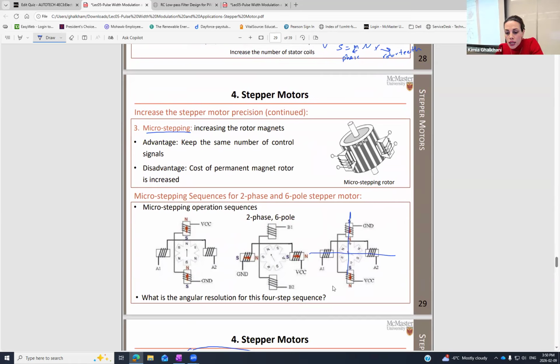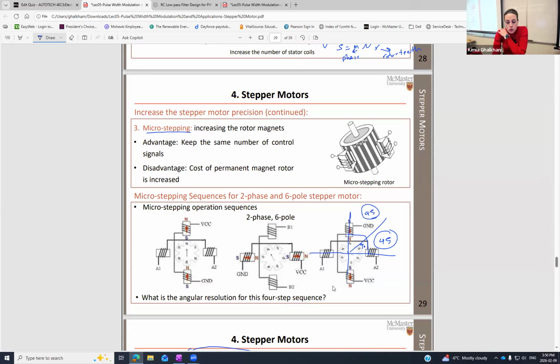If this is a full step from here to here, and you divide it by 2, this one is 45, this one is 45. Then instead of receiving 1 result for a 90, you receive it every 45 degrees. That's how you can increase the accuracy of the stepper motor.